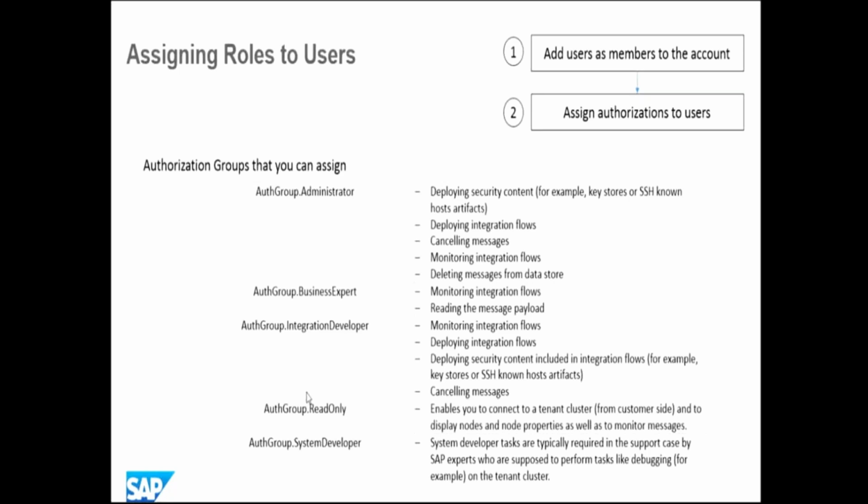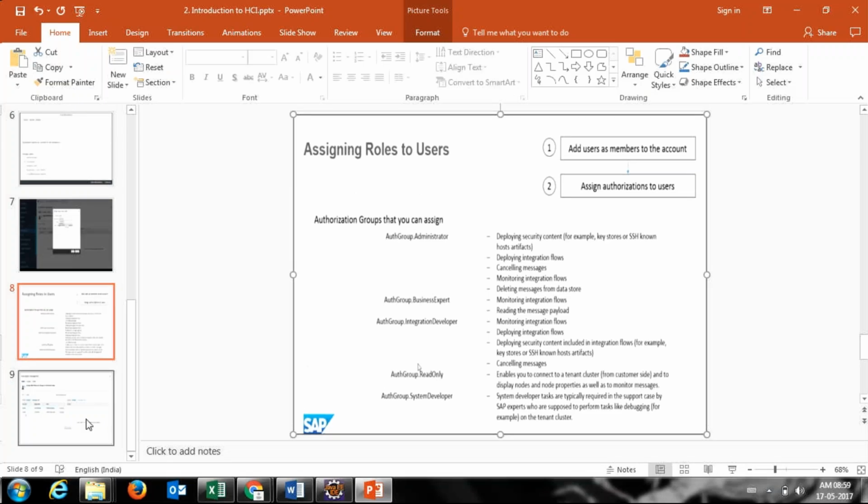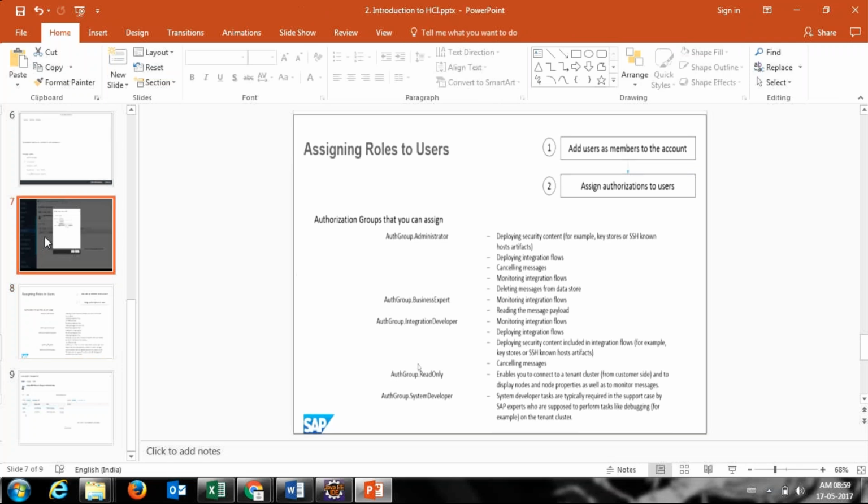So it's typically the SAP consultant auth group, and it's not for us. For us, it is integration developer, auth group integration developer, or integration auth group administrator, based on what authorization, on what level you are in the organization.